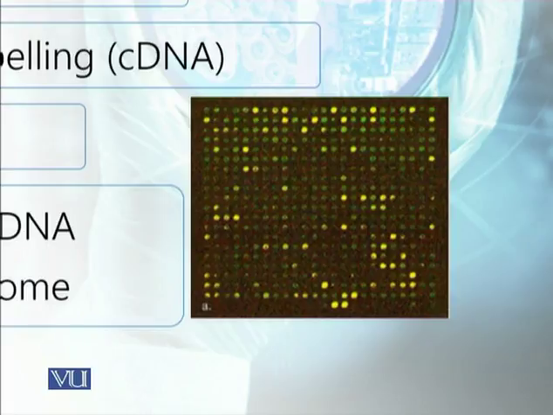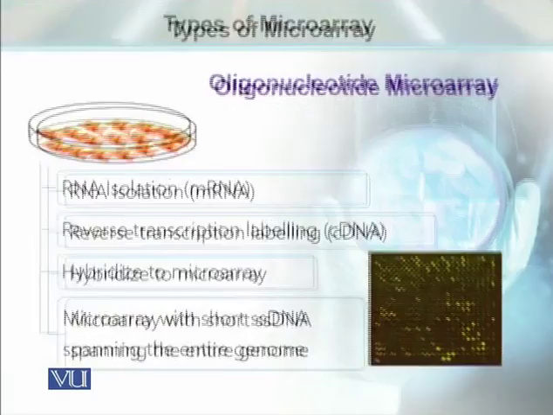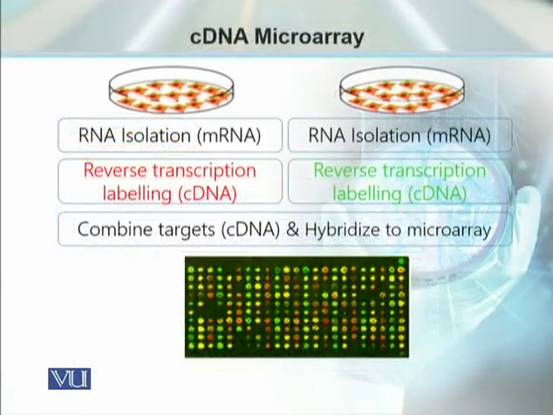And if you look at the intensity of the colors, some spots are very bright, some spots are not very bright. That tells us the expression level, how strongly some genes are upregulated and some other genes are not upregulated.